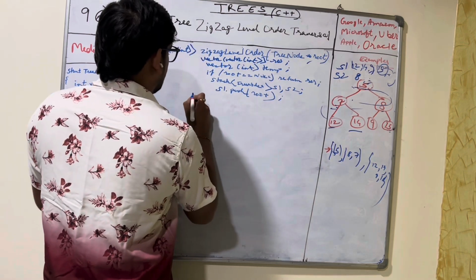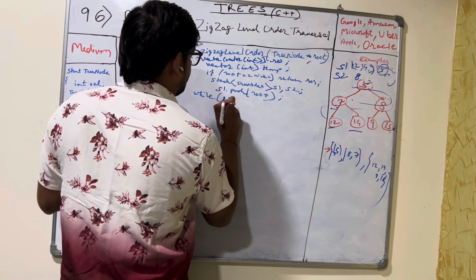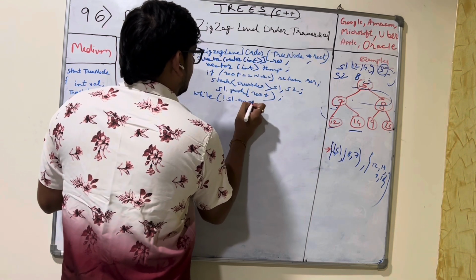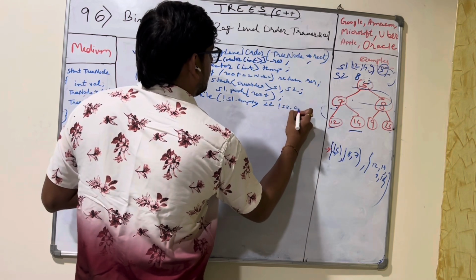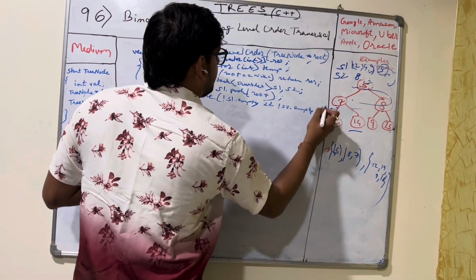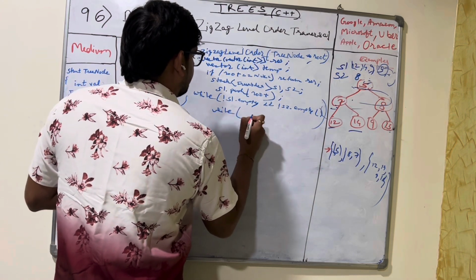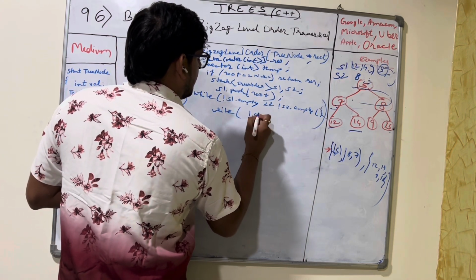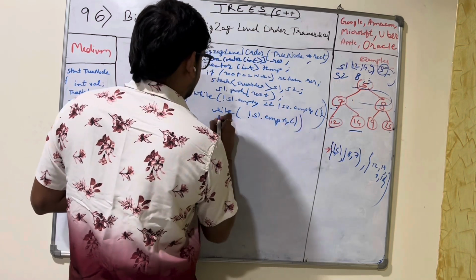Now, while S1 is not empty or S2 is not empty, what we do now is check while S1 is not empty. Since we have inserted the root element, S1 will not be empty in the beginning.